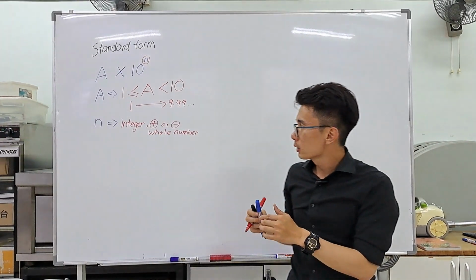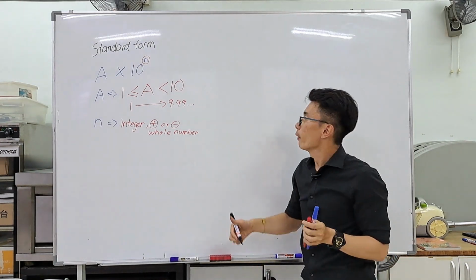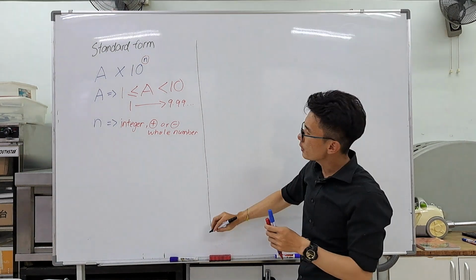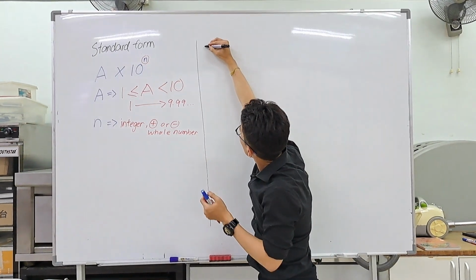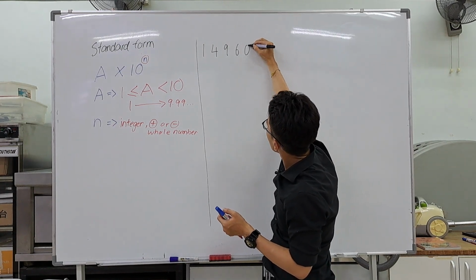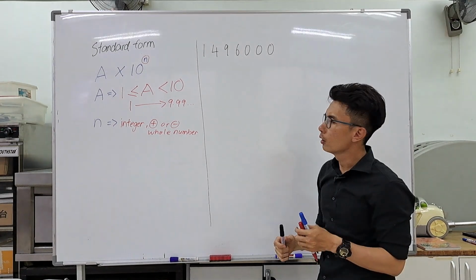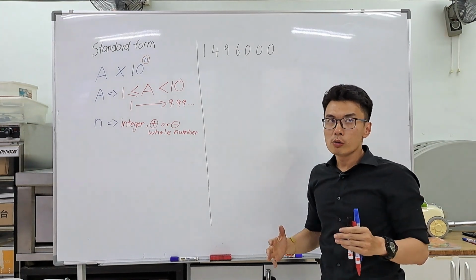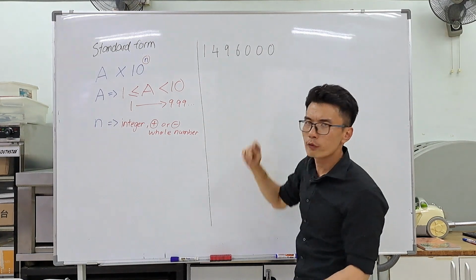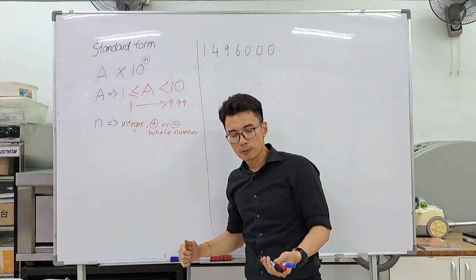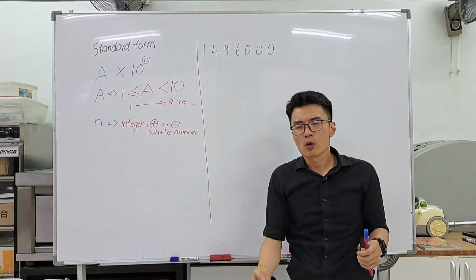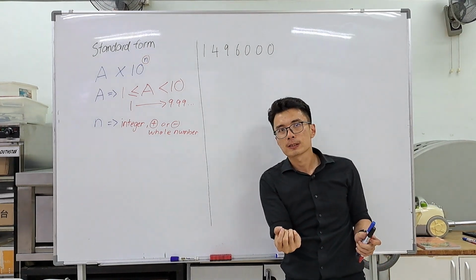After knowing this, let me show you a simple example. Let's just say I have a very big number here. How do we take a big number, in this case, and convert it to standard form? First, we have to look at this number and identify where the decimal place is.